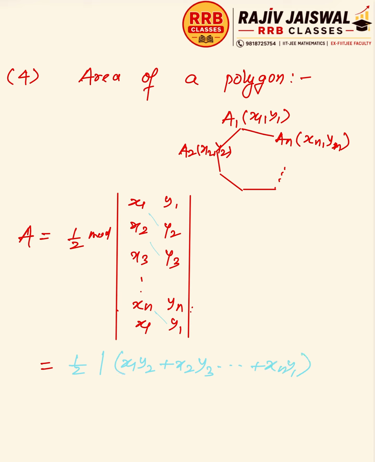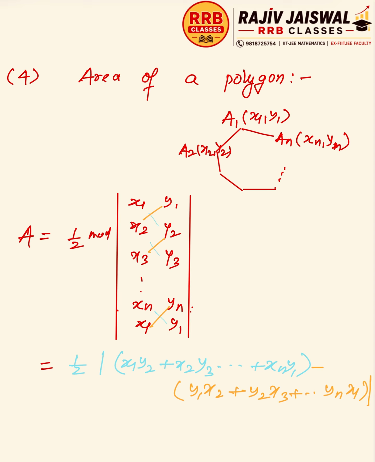This is one of the values. Then cross multiply diagonally. So subtract this value after multiplying. This is what? y1 x2 plus y2 x3 up to yn x1. Now this will give the area of the polygon.